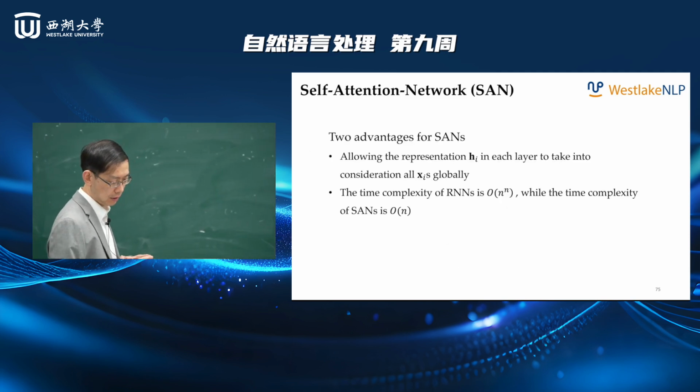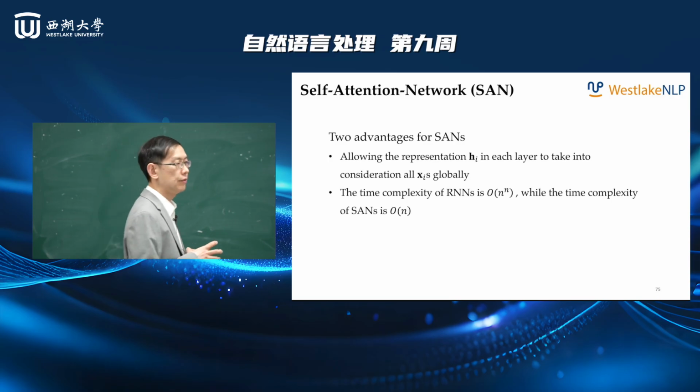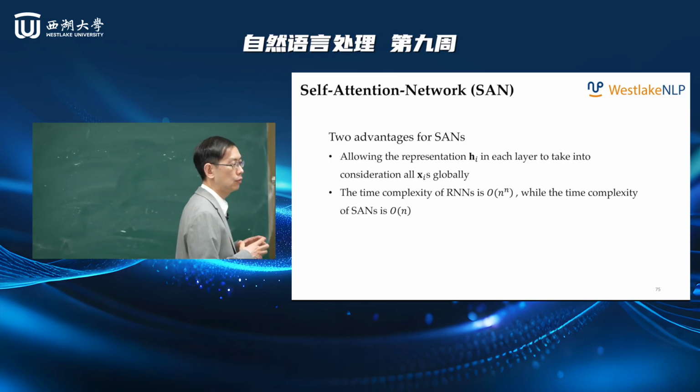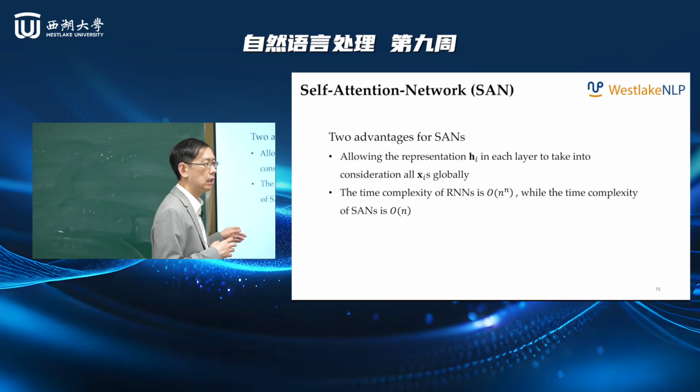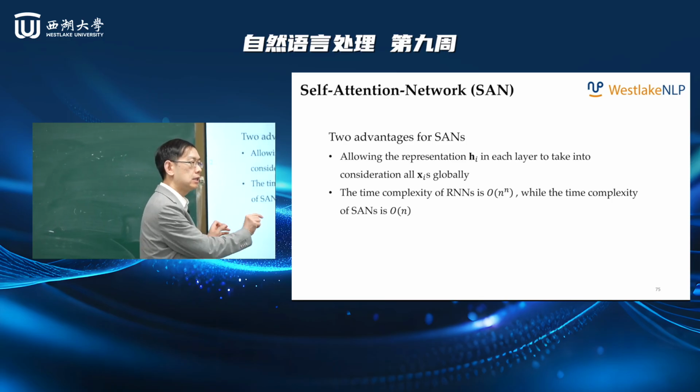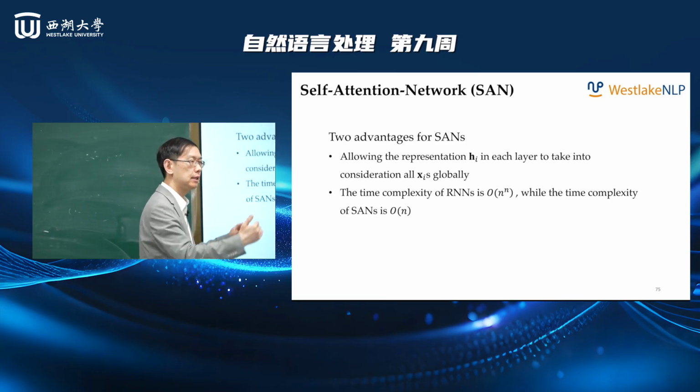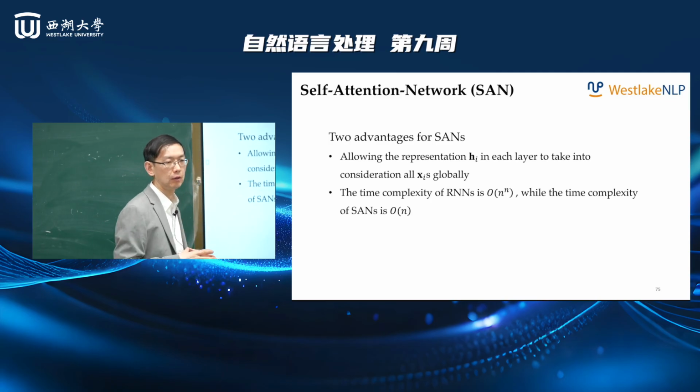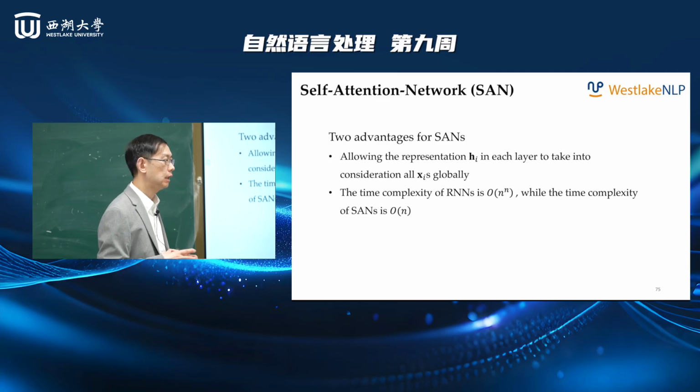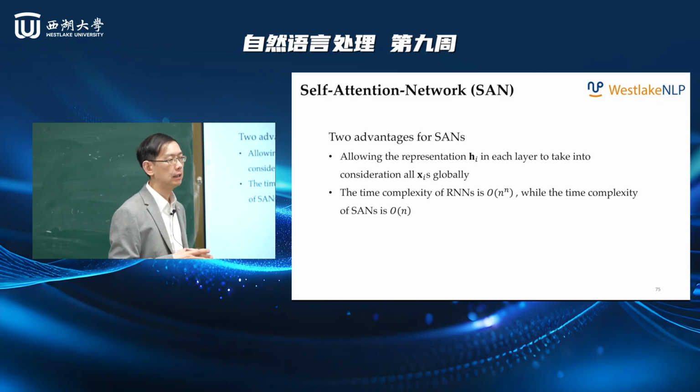The advantage of self-attention neural network as compared to recurrent neural network is the representation of every input can be calculated simultaneously, so it runs faster. And empirically, it also works competitively.